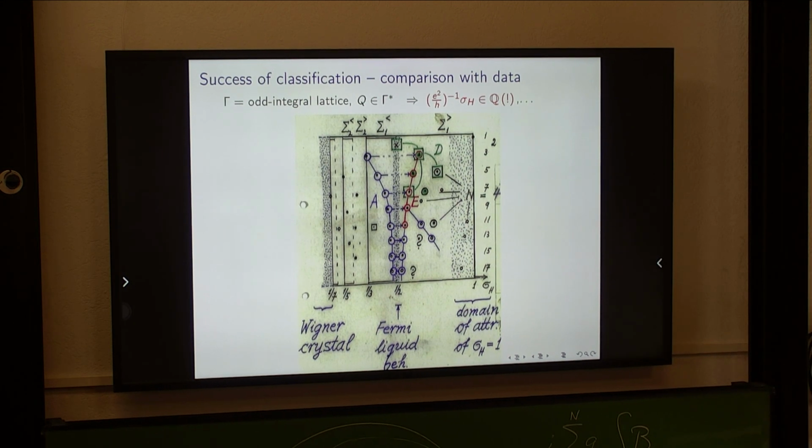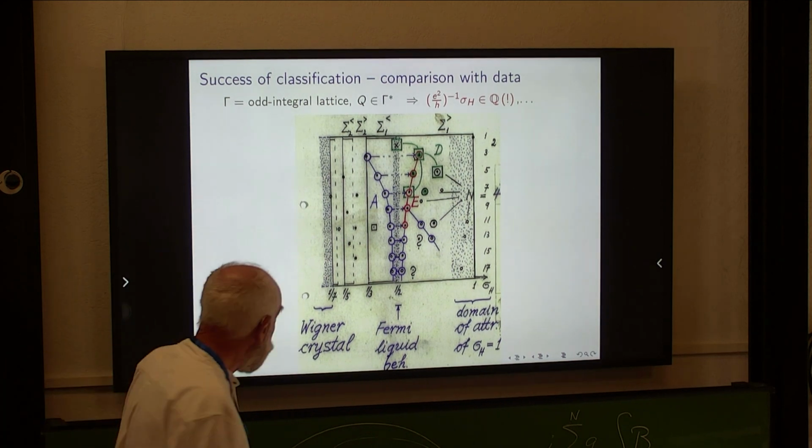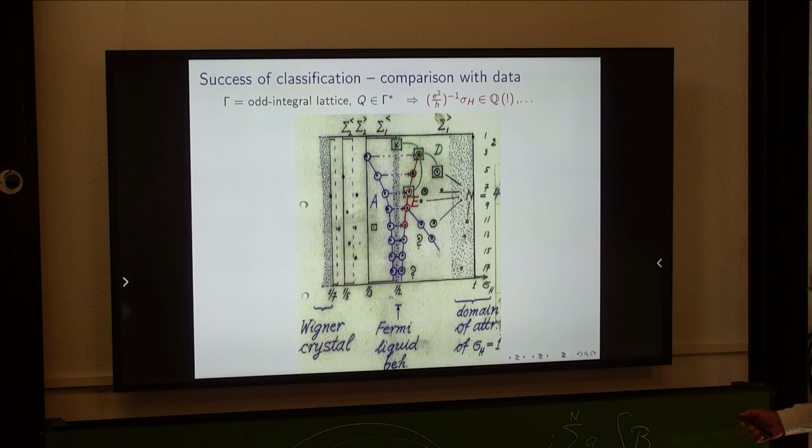A denotes the root lattices of the A series, SU2, SU3, and so on, and E of the exceptional Lie algebras, and D of the D series. And so, among the sublattices that are root lattices of all fluids along this series, you find root lattices of E and D and so on.